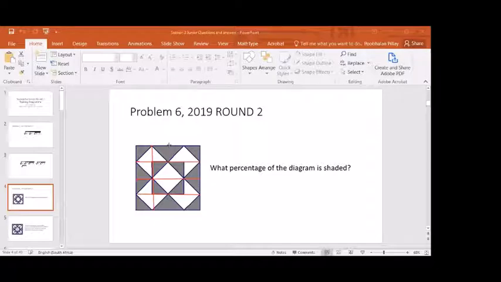And now you've broken up the entire square into 16 smaller units, because I'm breaking it up with 4 by 4. So now you've got 16 smaller units.